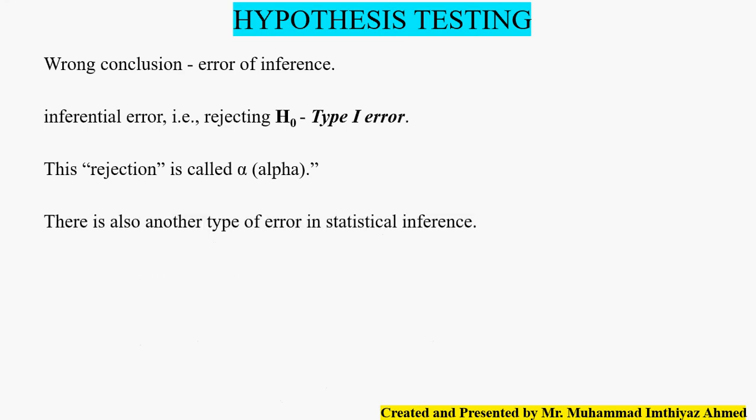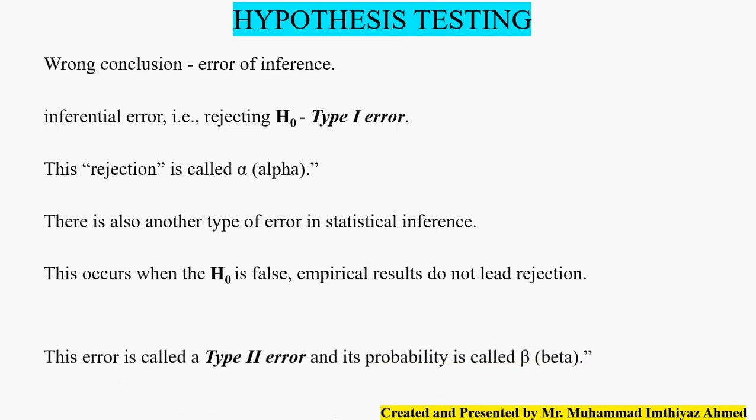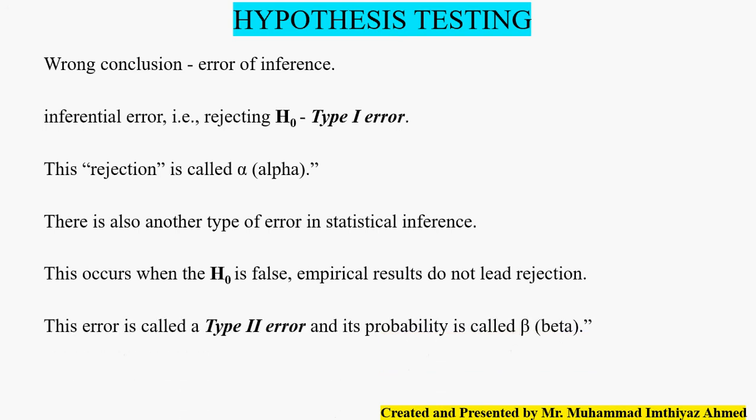There is also another type of error in statistical inference. This error occurs when the null hypothesis is false and the empirical results do not lead to its rejection. This error is called type 2 error and its probability is called beta.